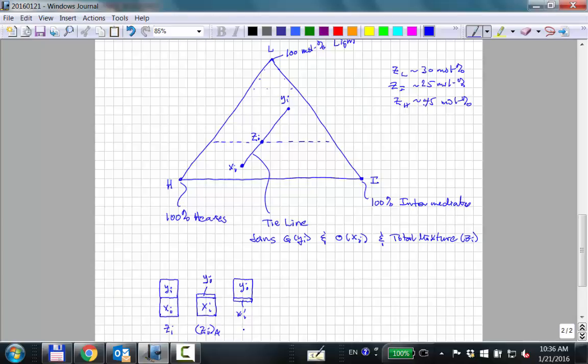We're going to call that A, and this one we'll call B. Then the total composition of A is going to be right here, and B is going to be up here, and it's going to be on the line as well. Okay?